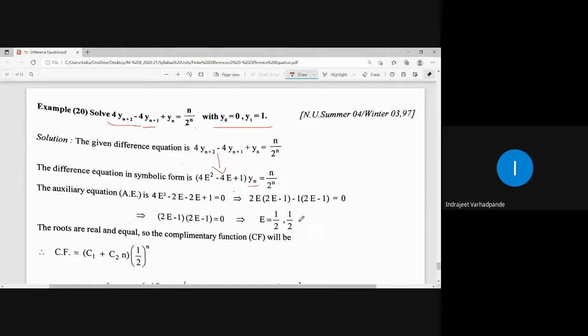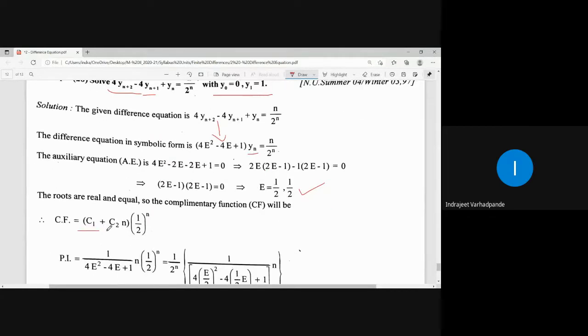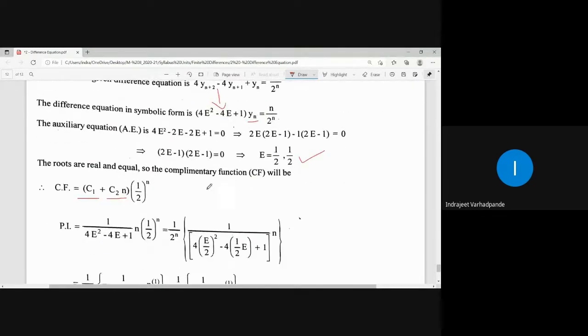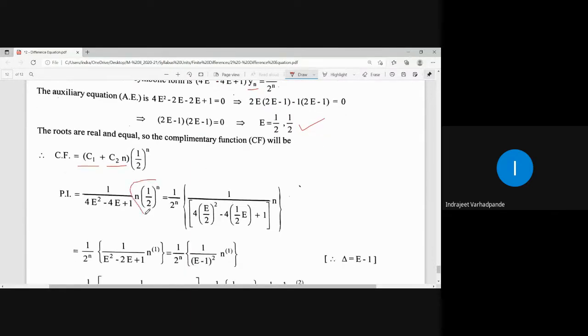Factorize it, you get the roots as E is equal to 1 by 2 comma 1 by 2. As the roots are real and equal, we write down CF as (C1 plus C2 n) half to the power n. RHS में it is n into, how to write n upon 2 to the power n? It can be written as n into half to the power n.